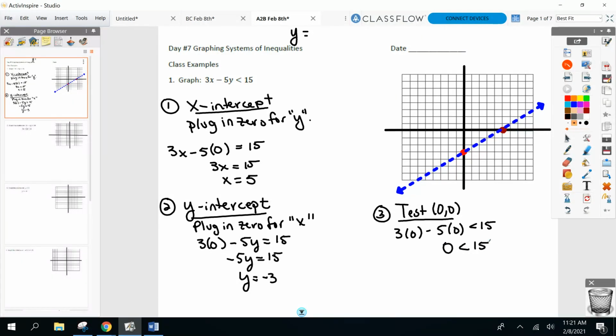Yes or no? True or false? That's true. Yes. 0 is less than 15. So I want to make sure when I shade that it has 0, 0 in it, because 0, 0 works. It's true. So everyone take one of your different colors now and shade above the line because I need 0, 0 to be included.